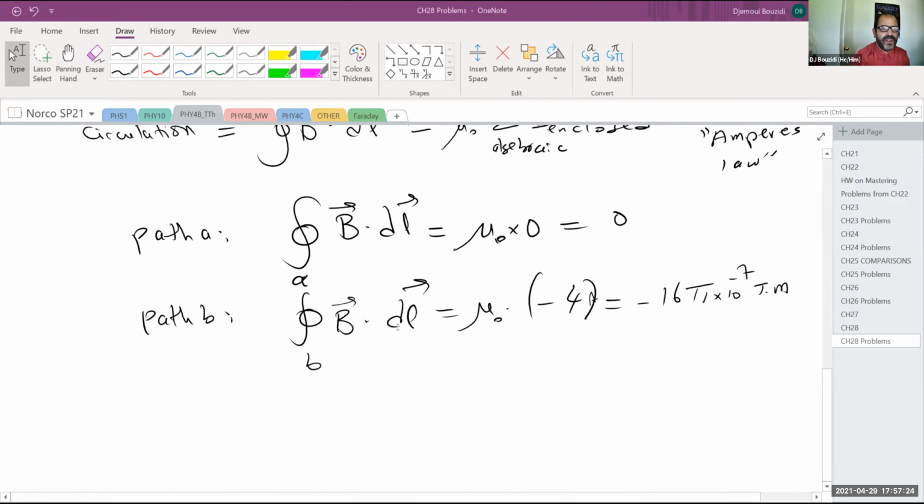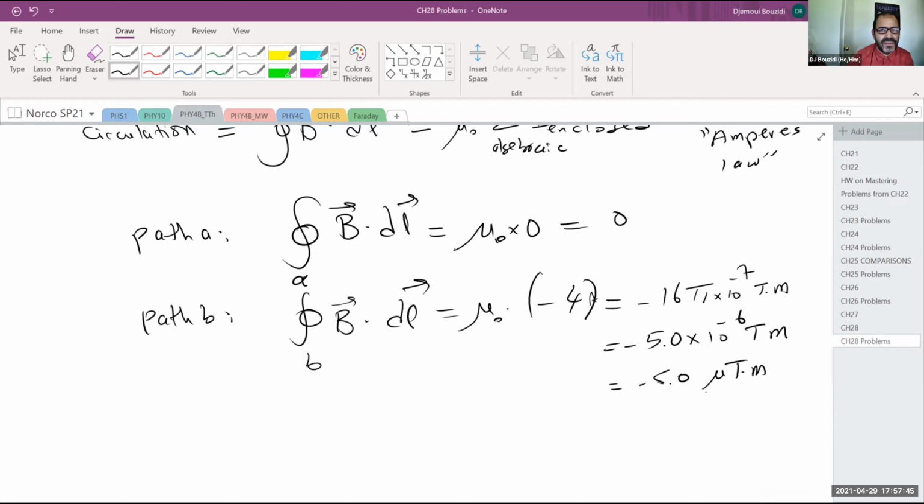So it's actually just -50 times 10 to the -7, or -5.0, if you like, times 10 to the -6 Tesla meter, okay? Or -5.0 micro Tesla meter, okay? And typically, in the units for the magnetic field, it's of this order of magnitude. It's just so tiny, and that's because of the mu naught.